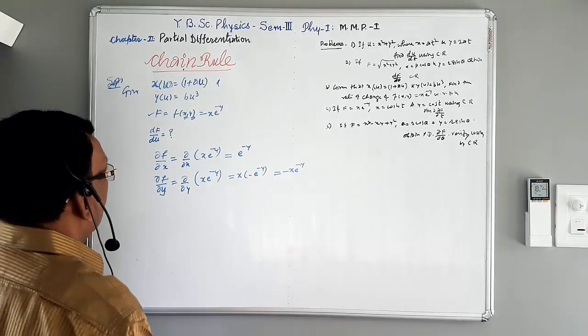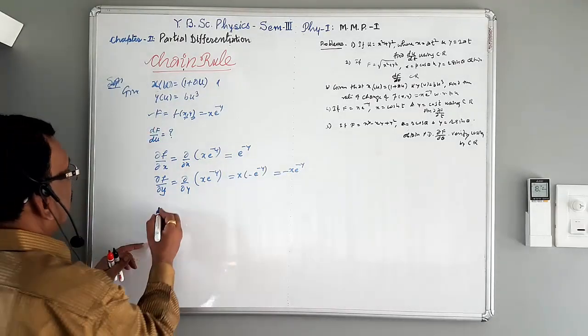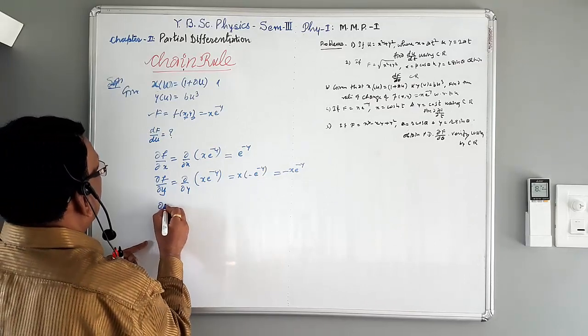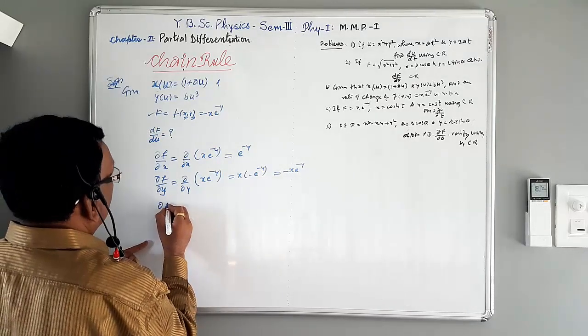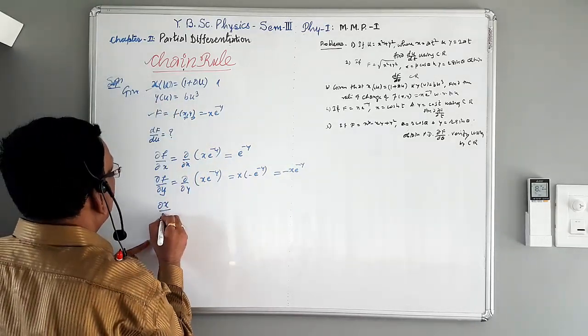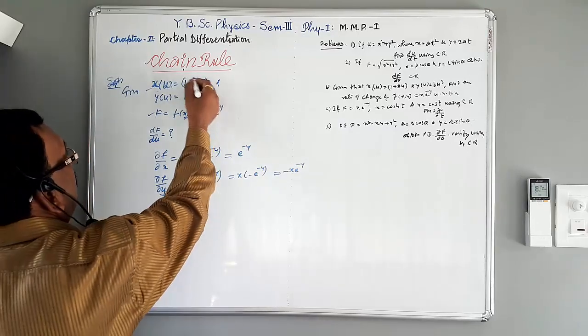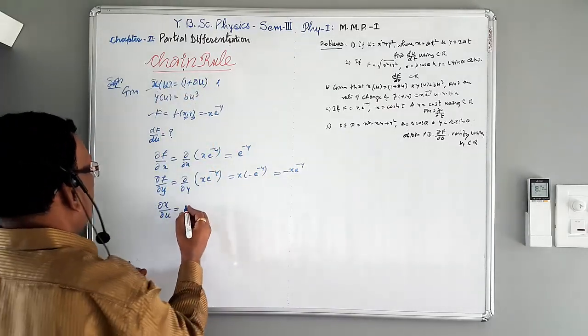Okay. Now differentiate delta x by delta u, that is differentiate this x with respect to u.